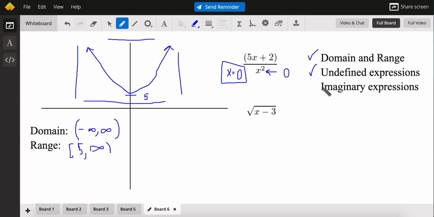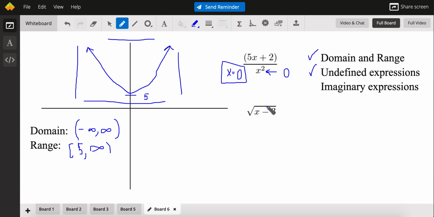Okay, imaginary expressions. All this means is that the expression under your radical is negative. You can't take the square root of a negative number. It can be 0, it can be positive, but, did I say integral? I'm sorry, I mean radical.